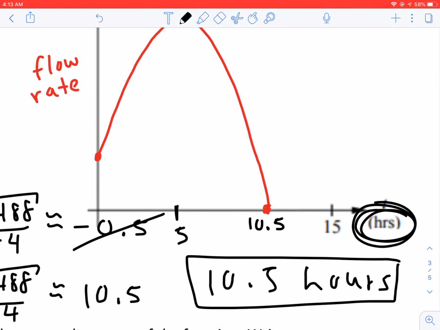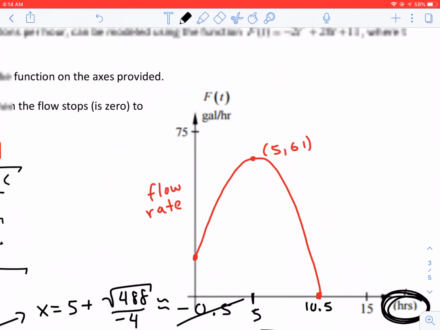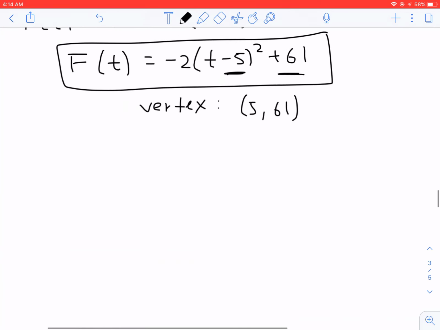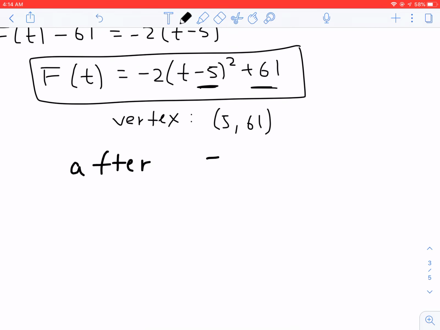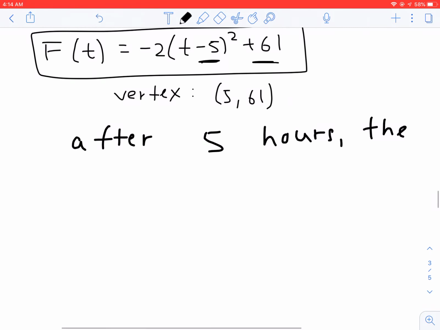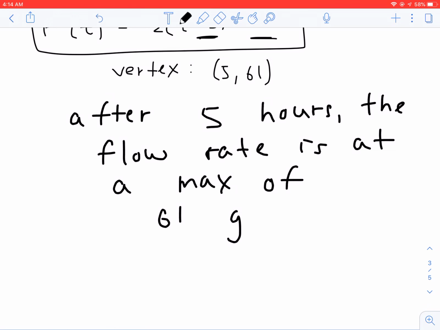The flow rate was at a maximum of 61, what are the units? 61 gallons per hour. Alright, so that 5, 61 means after 5 hours, the flow rate is at a max of 61 gallons per hour.